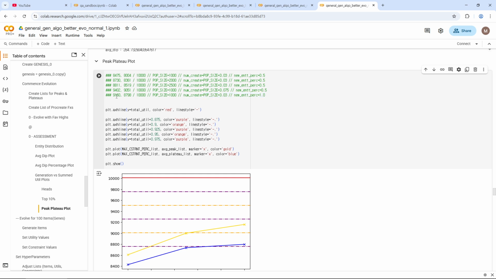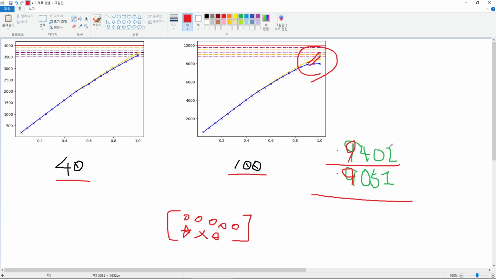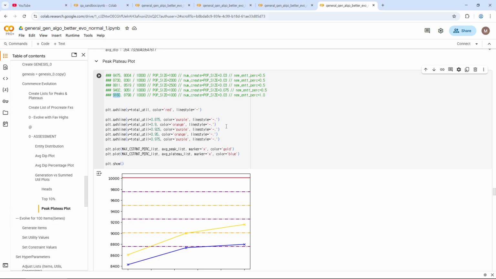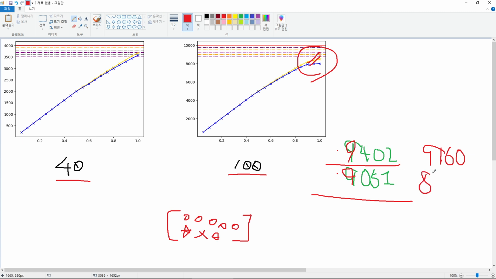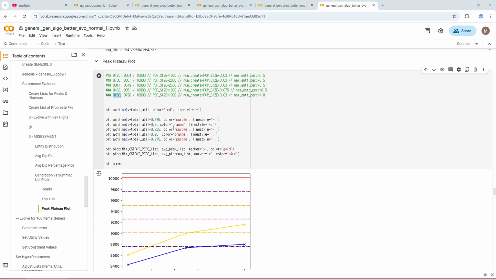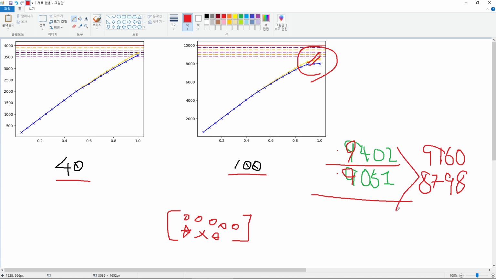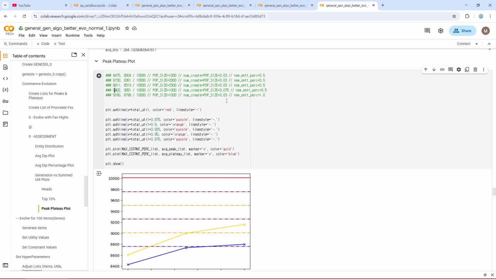In this case, the average peak level was 9160, and the average plateau level was 8798. So this is still better, higher, as you can see.